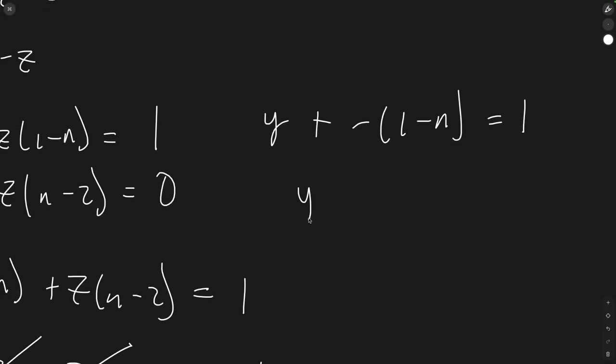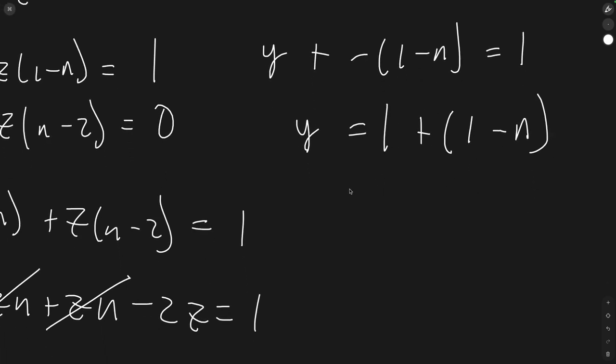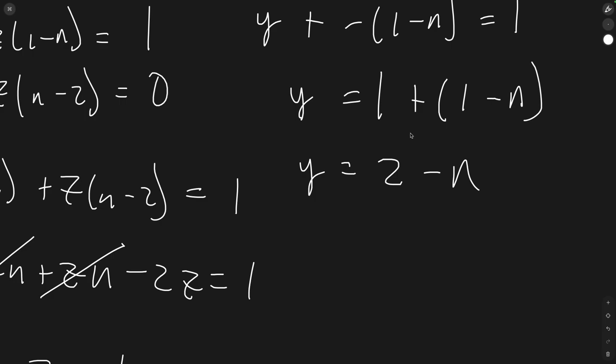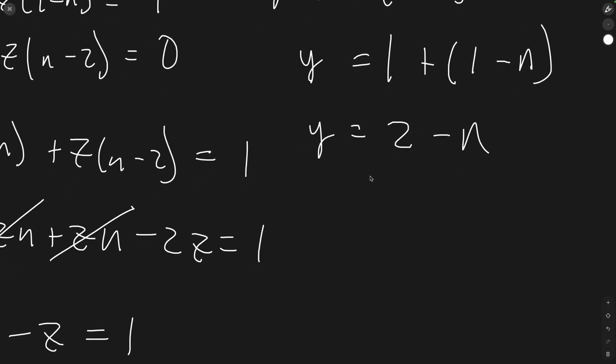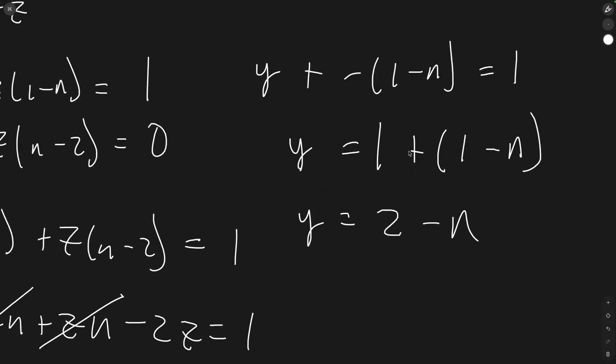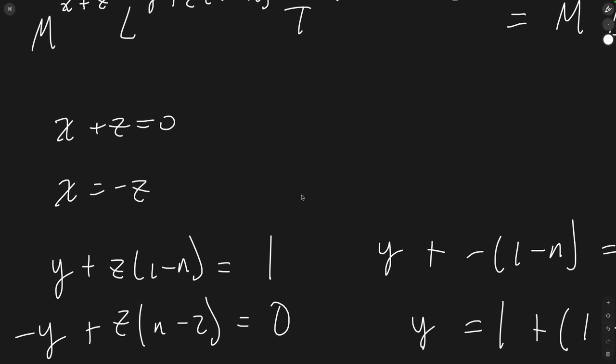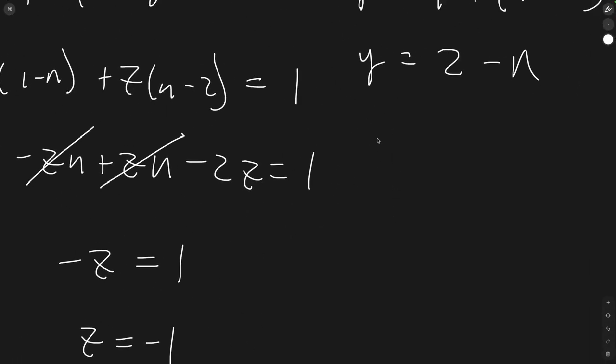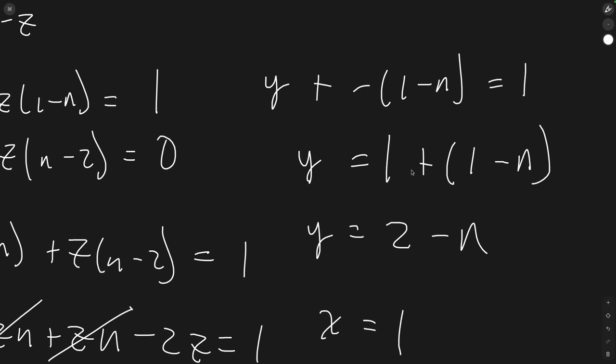I can add the 1 minus n, and we can just remove the parentheses. 1 plus 1 is 2 minus n, right? So that's what y is, 2 minus n. And of course, x is 1 again, right?